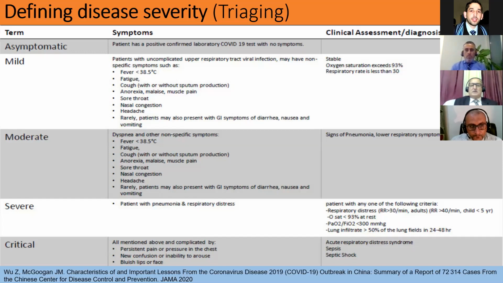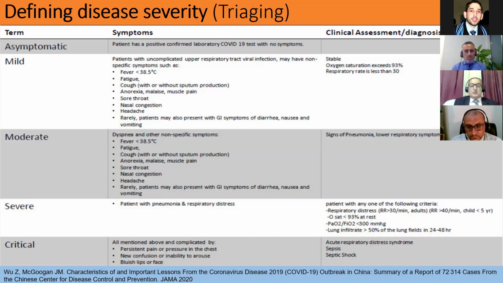And in a severe patient, the most important thing is that in addition to the symptoms of pneumonia and respiratory distress, there will be desaturation. Oxygen saturation is usually less than 93 on room air, and the PaO2/FiO2 ratio less than 300, and the HRCT shows more than 50% pulmonary infiltrate.